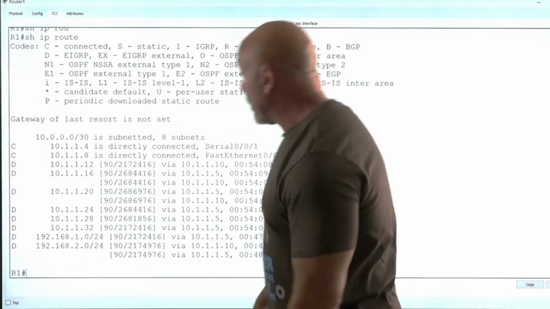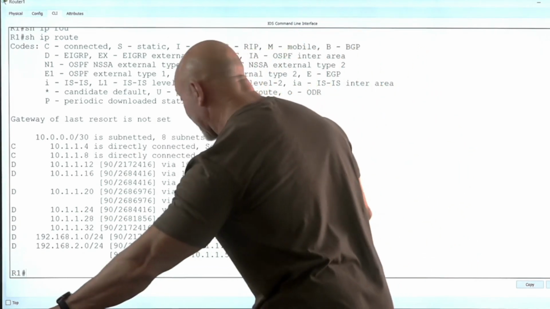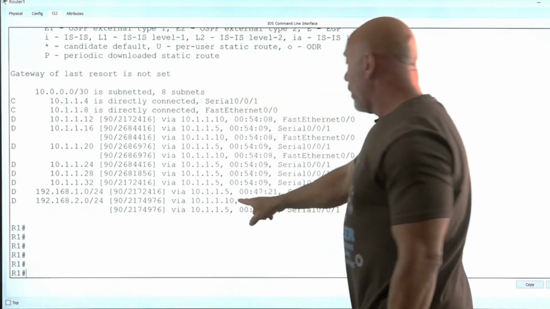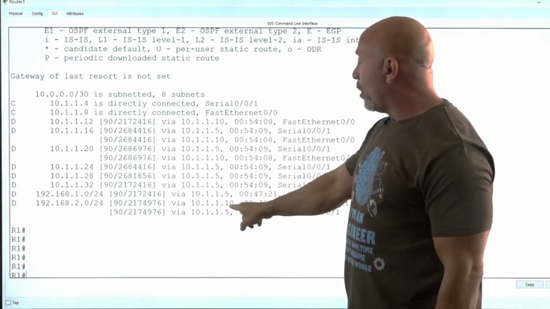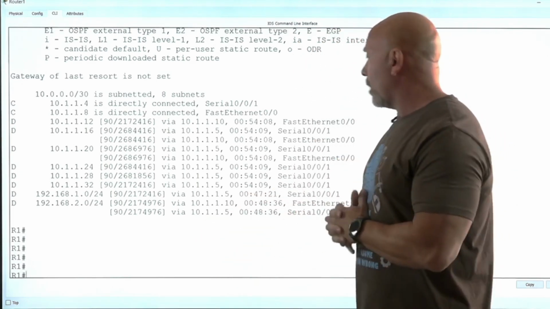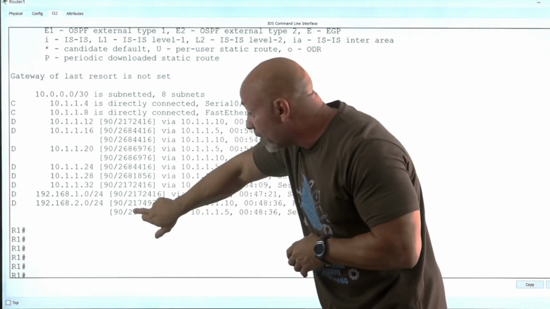To the 2 network. And see, you got 2 ways to get there, right? Through the 10, which is the fast Ethernet, or through the 10115. Now it's like, well, what? But look at the feasible distance number.